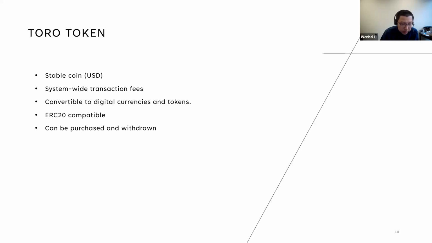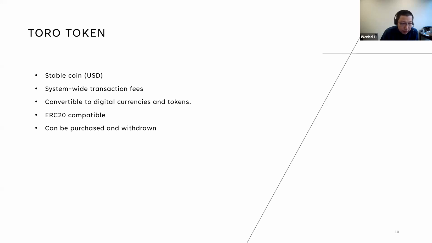As many of you already know, Toro is the default token of Toronet. First, it's a stable coin, so it has a one-to-one mapping to the US dollar, and the Toronet trustee board will make sure that we have the reserve in the bank account, one-to-one, to back up all the circulated Toro on the network.